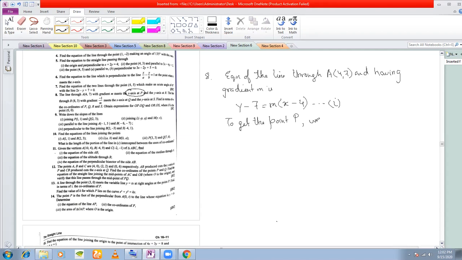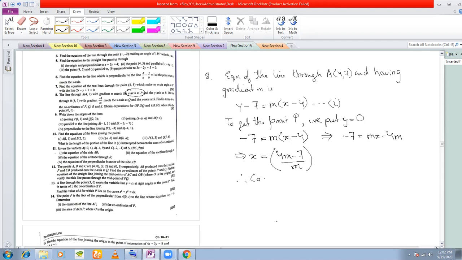To get the point P, we put y is equal to 0. What do we get? -7 is equal to m times (x minus 4). So you get -7 is equal to mx minus 4m. So you get x is equal to (4m minus 7) by m. This is the point where it intersects the x-axis.